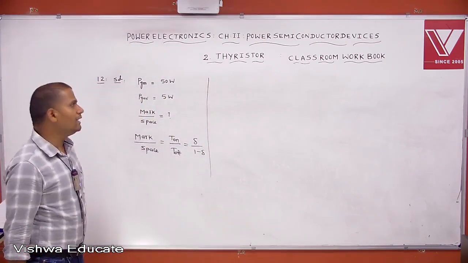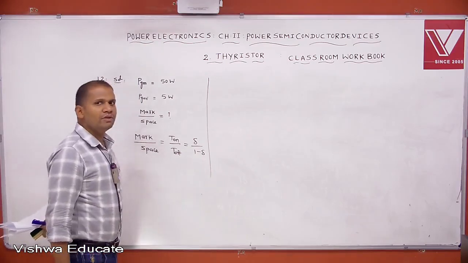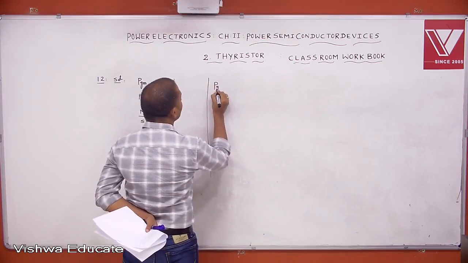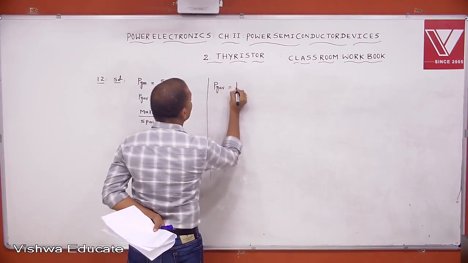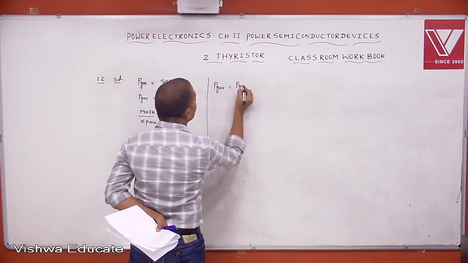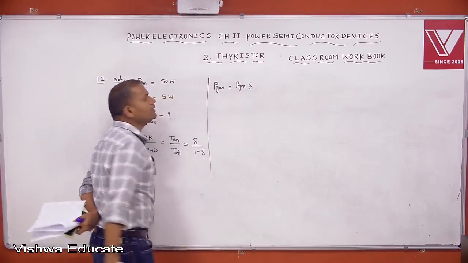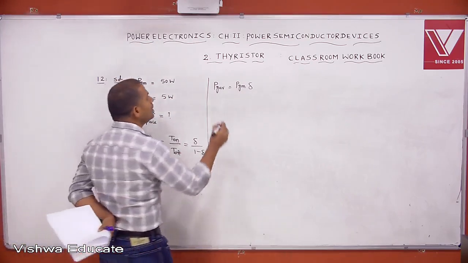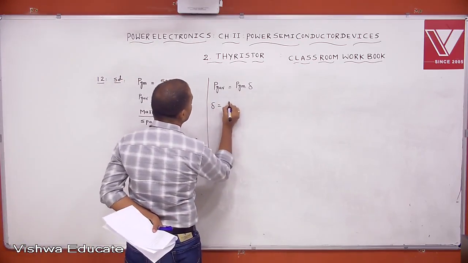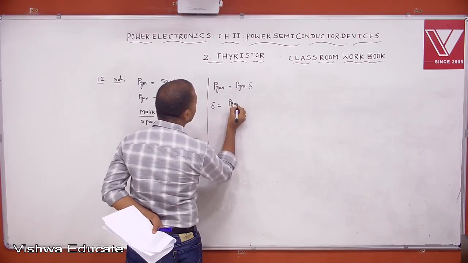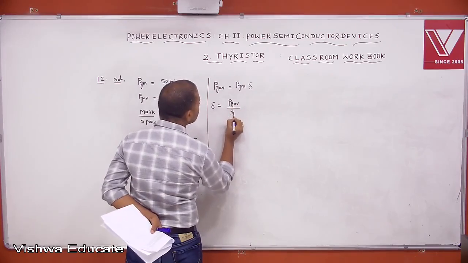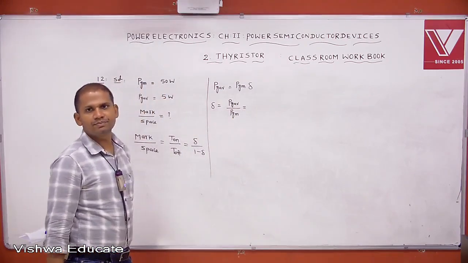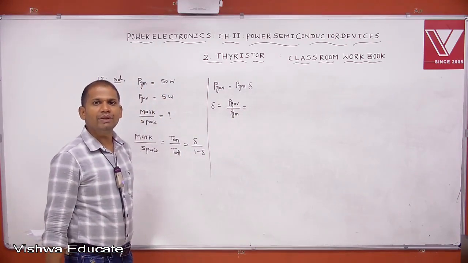We know this condition in pulse triggering of SCRs: average gate power dissipation equals PGM into delta, maximum gate power dissipation into delta. Then delta equals PGAV by PGM, average gate power dissipation by maximum gate power dissipation.